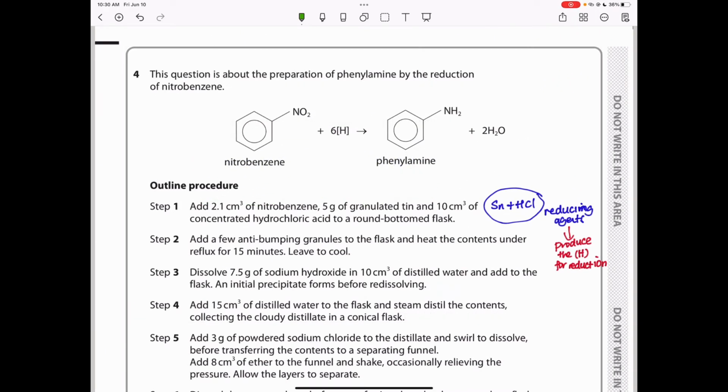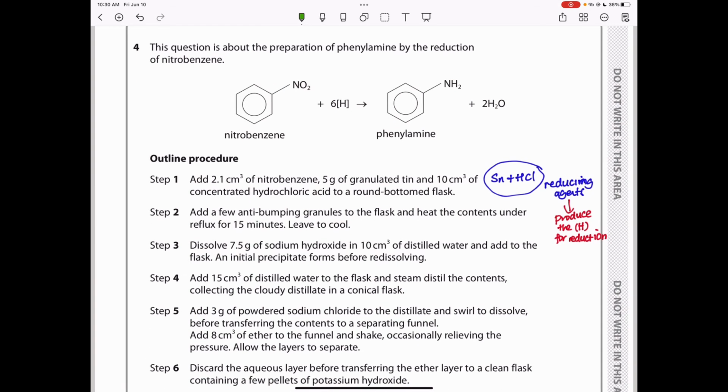This question is about the preparation of phenylamine by the reduction of nitrobenzene. Okay, reduction of nitrobenzene to produce phenylamine. Of course, here we use tin in the presence of HCl to convert a nitro into an amine. So they say outline of the procedure.